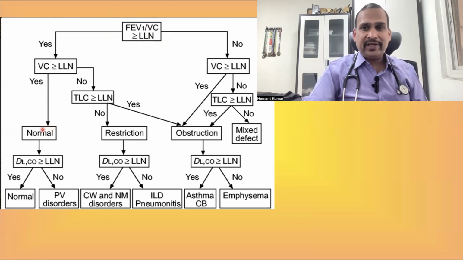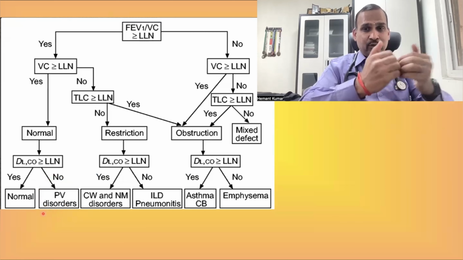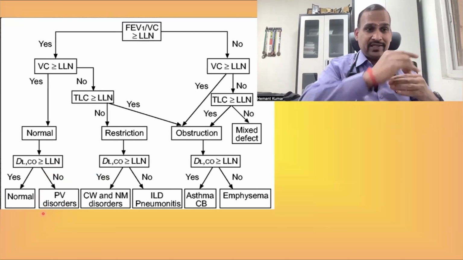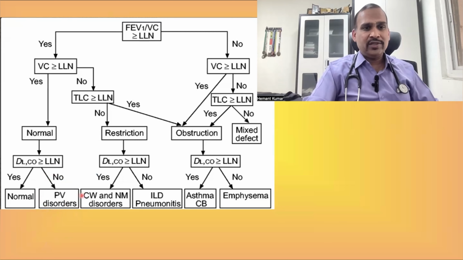If normal spirometry, then we should do a diffusion study. If diffusion is also normal, it means normal lungs. If diffusion is reduced, the lung is normal but DLCO is reduced, so the problem is in the vasculature because the alveoli are normal. The common causes are pulmonary arterial hypertension, vasculitis, and pulmonary embolism.